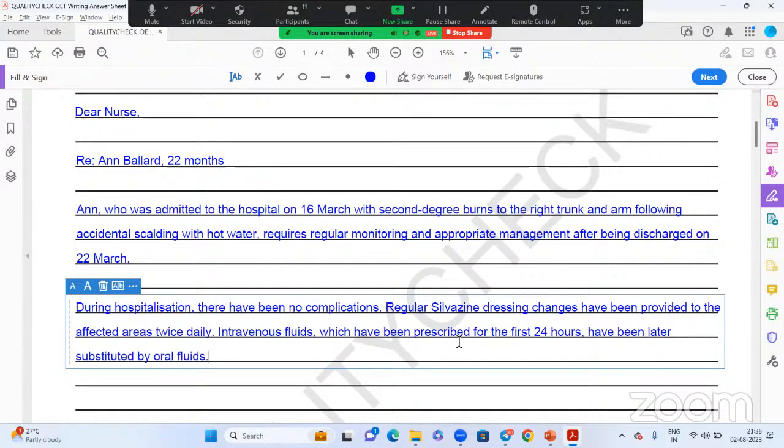Now if you want a B grade, you write like this. For the first 24 hours, comma, intravenous fluids have been prescribed. Full stop.